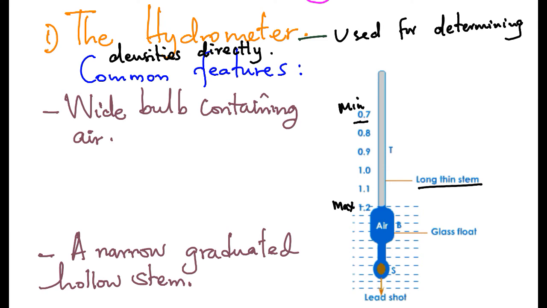It has a bulb, which we also call the glass float, with some lead shot at the farthest end.